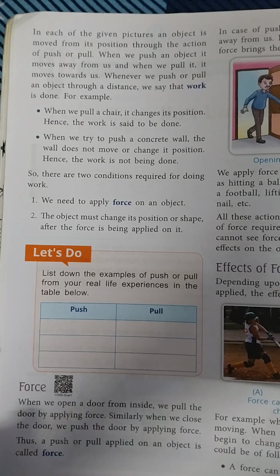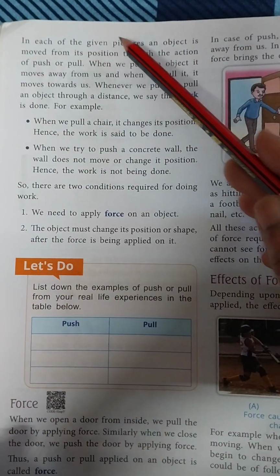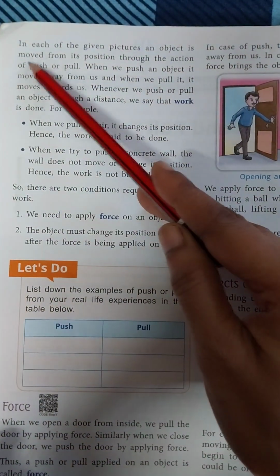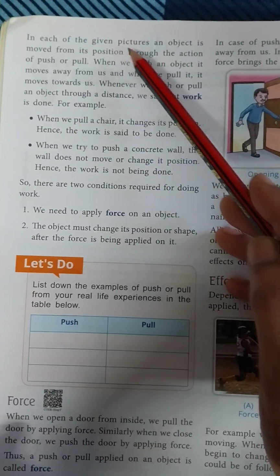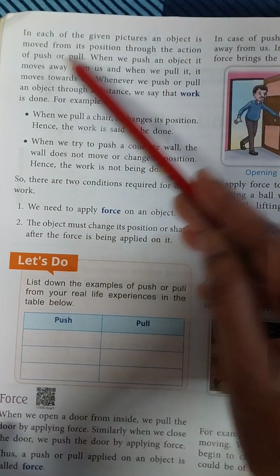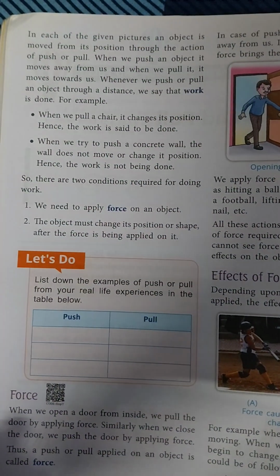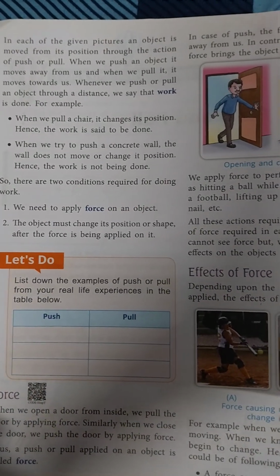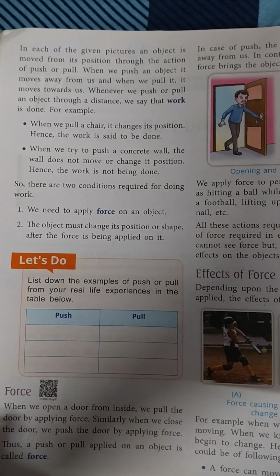Let's move ahead. In each of the given pictures, an object is moved from its position through the action of push or pull, right? Either the thing is pulled or the thing is pushed.